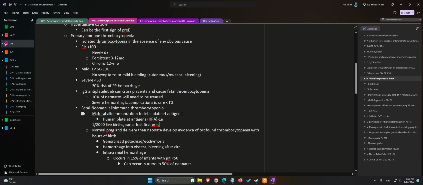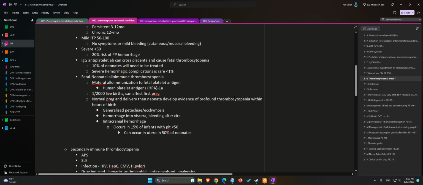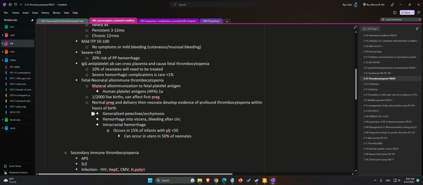Then the neonate develops evidence of profound thrombocytopenia within hours of birth. Usually you will see generalized petechiae or ecchymosis. There's hemorrhage into the viscera, bleeding after circumcision.